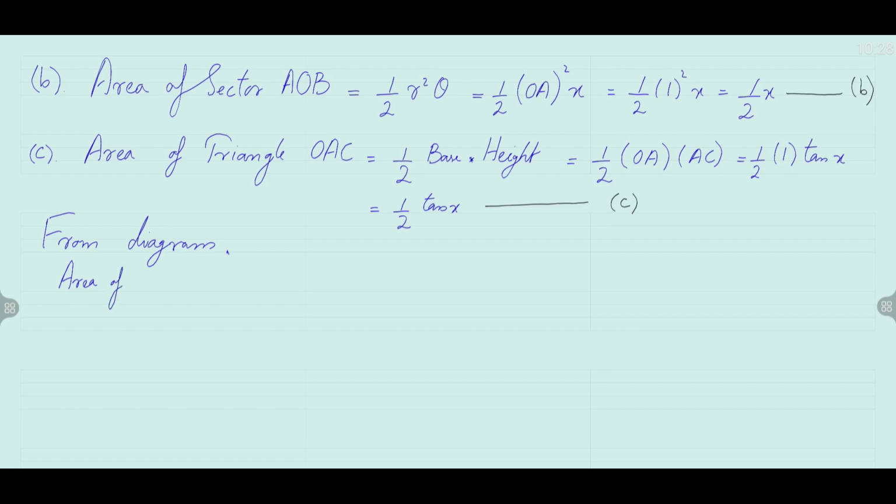So we write an inequality: area of triangle AOB is less than area of sector AOB, and it is less than area of triangle OAC.